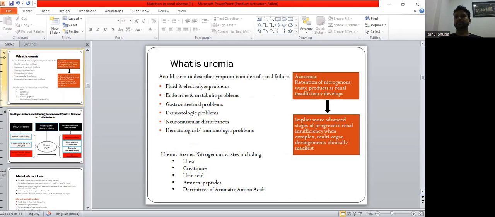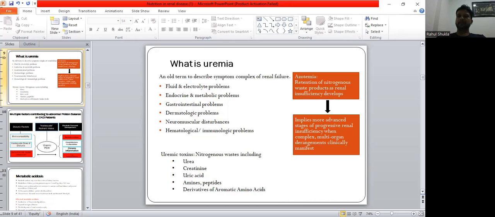So, what is uremia? Uremia is actually accumulation of uremic toxins because of decreased excretion of fluid and several nitrogenous waste products. Because of these nitrogenous waste products, several physiological abnormalities appear, like endocrine and metabolic disturbances, gastrointestinal problems, dermatological and neuromuscular problems, hematological and immunological problems.